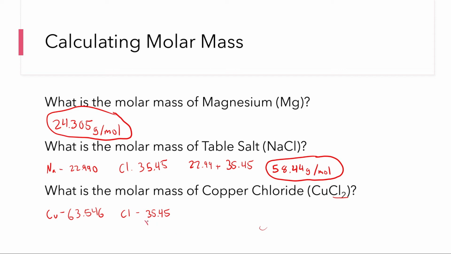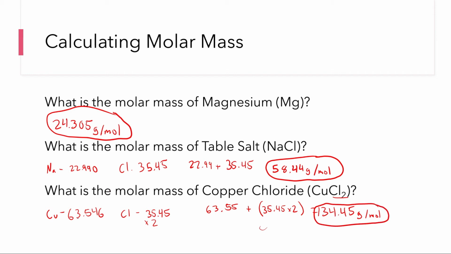So we need to multiply this one by 2, and then we're just going to add these together again. So we have 63.55, I'm going to round up, plus 35.45 times 2. And all of that will equal 134.45 grams per mole.